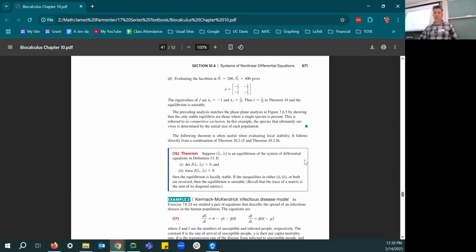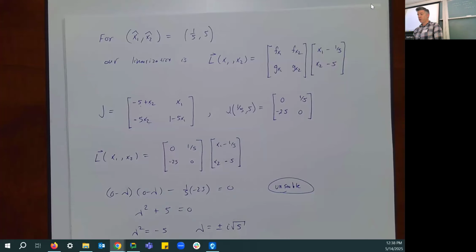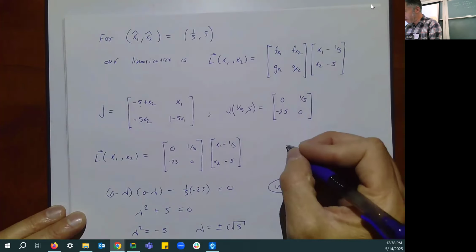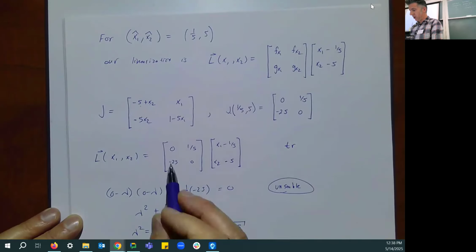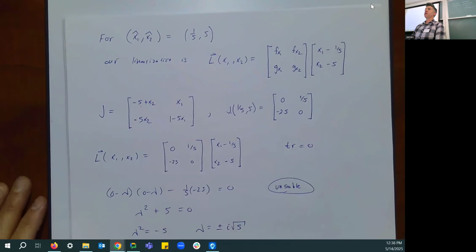And in this case, going back at our matrix here, at least one of those things isn't true. The trace of my matrix is 0. So already we failed because it's not less than 0. Apologies, it's supposed to be less than 0.